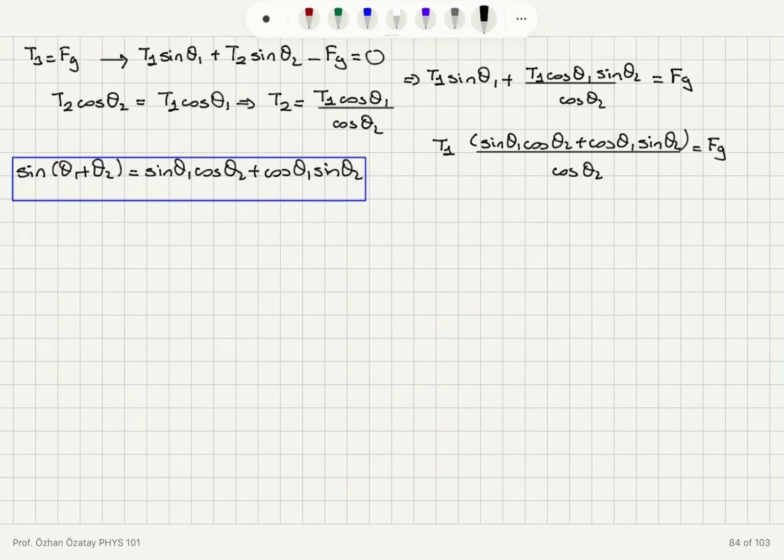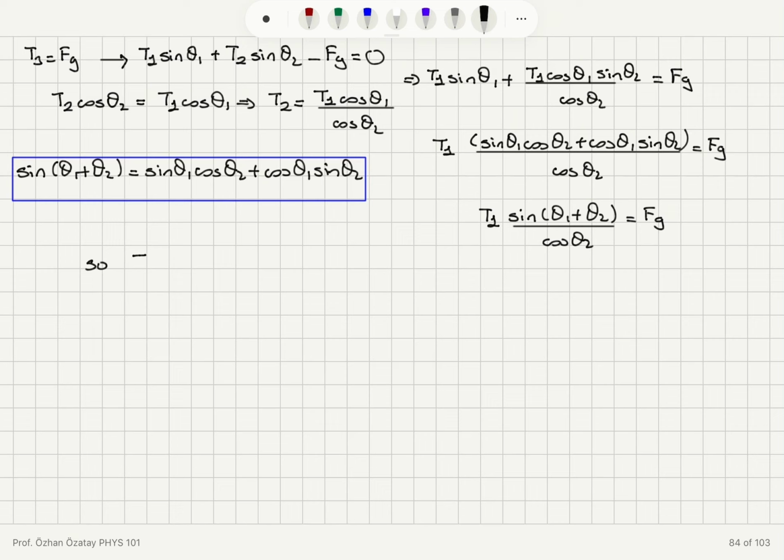So using this identity, we can write T1 times sine of (theta 1 plus theta 2) divided by cosine theta 2 is equal to Fg.